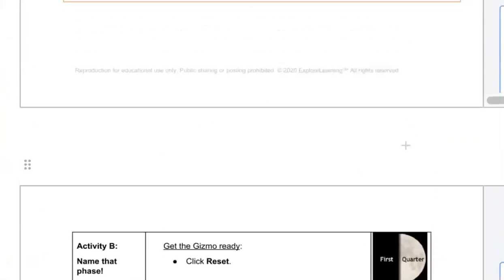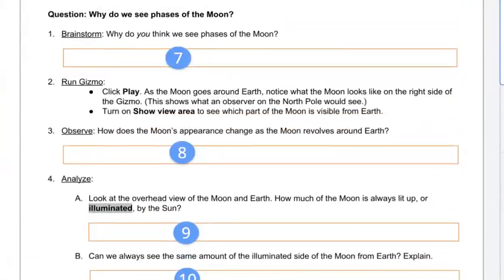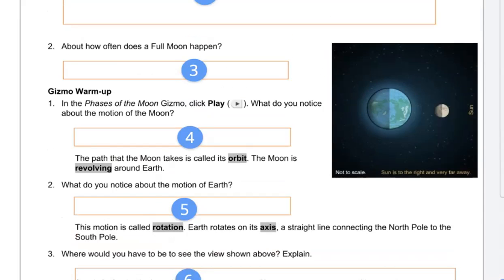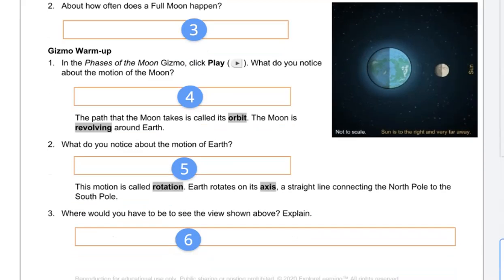Anytime you see, like they talked about up here in the warm-up, orbit and revolving, rotation and axis, stuff like that is good information for your notes. We will go over it as a class, but it's nice to already be exposed to it through these activities.